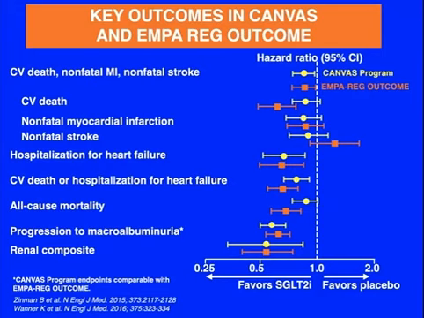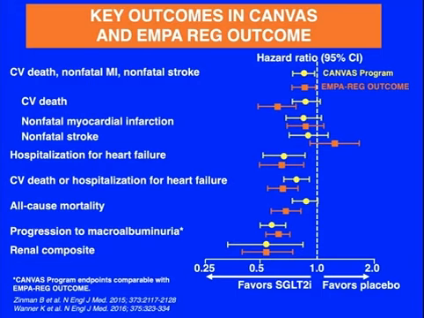So on the second line, you see cardiovascular death. In orange is EMPA-REG. In yellow is the CANVAS program. So it's the second yellow dot and the second orange dot. And you can see the orange dot lies further to the left. Now, it shouldn't be surprising, however, that you got a better effect on mortality with empagliflozin.